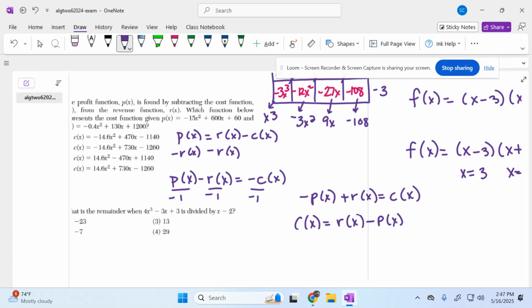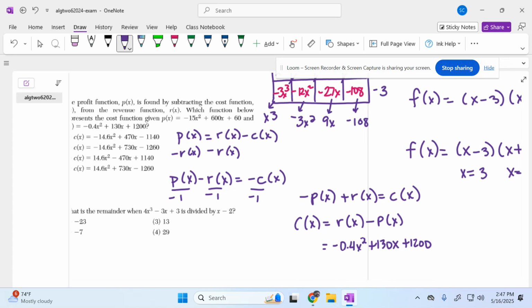So if we plug in the r of x function, the r of x function is negative 0.4x squared plus 130x plus 1200. I want to put in the negative of P of x, because I would have to distribute the whole negative to this entire P of x expression.